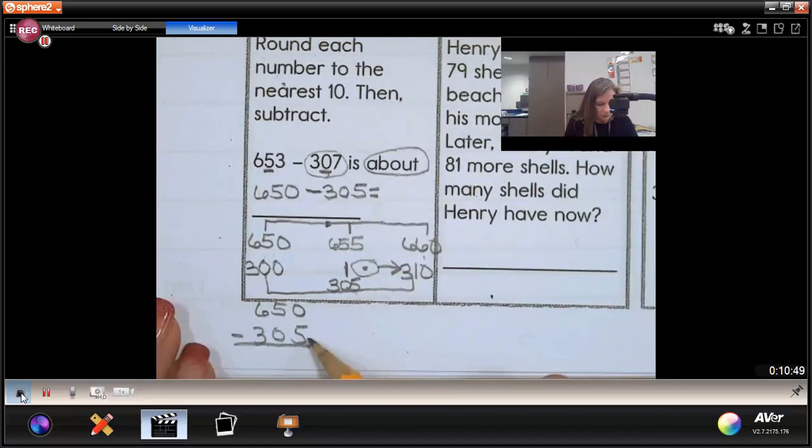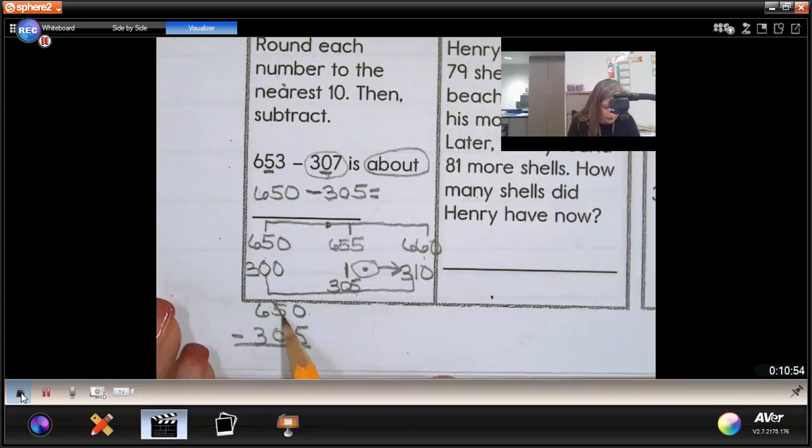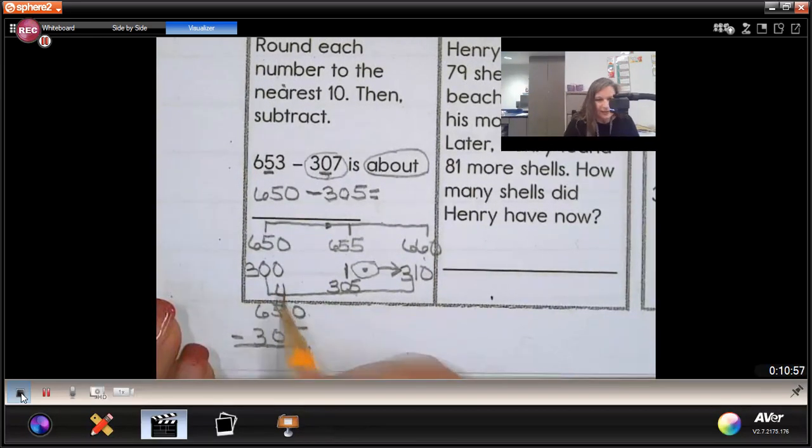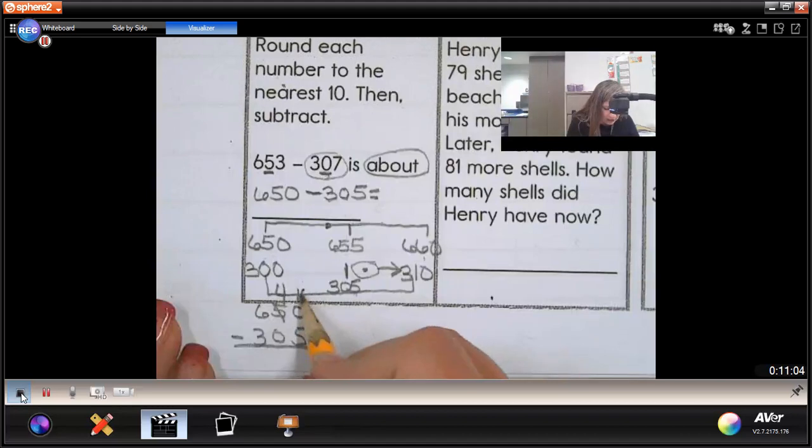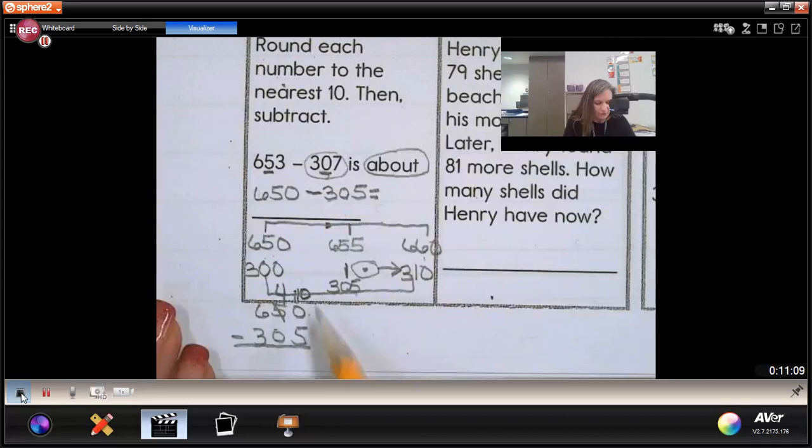So I know I cannot subtract 5 from 0. So that tells me I need to borrow a 10, and that leaves me with 4 tens. And I'm going to add that 10 to the ones place. So now I have 10 ones. And now I can go ahead and subtract 5 from the 10, which is going to be 5. And I can check my subtraction by adding 5 plus 5 making 10. That works. It checks.